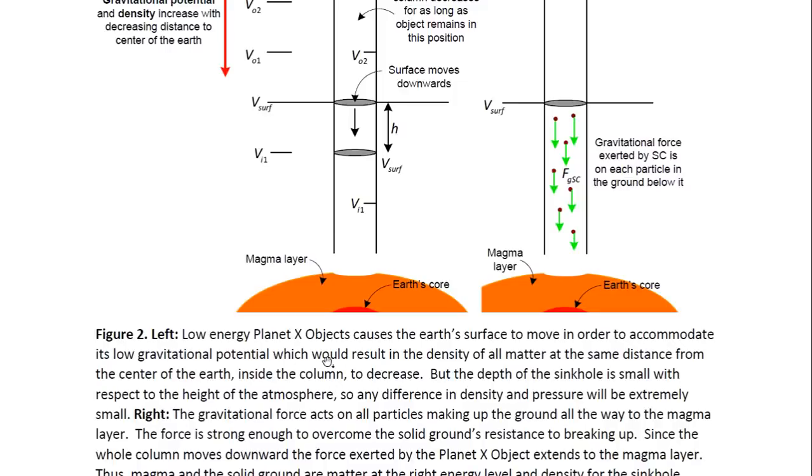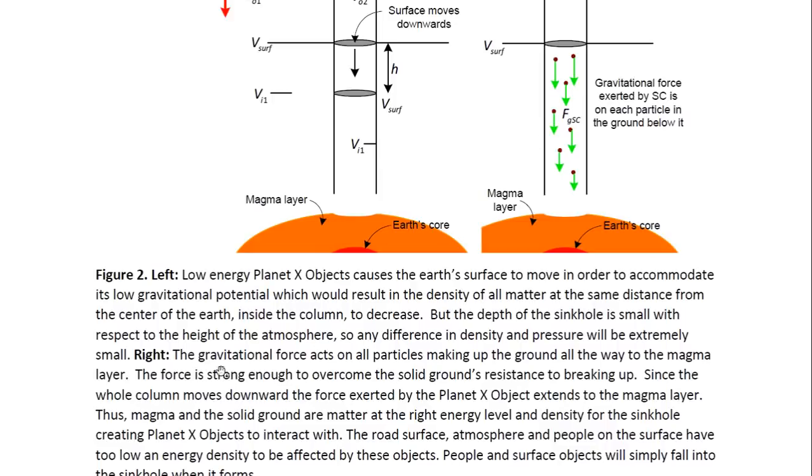So low energy Planet X objects cause the Earth's surface to move in order to accommodate its low gravitational potential, which would result in the density of all matter at the same distance from the center of the Earth inside the column to decrease. But the depth of the sinkhole is small with respect to the height of the atmosphere, so any difference in density and pressure will be extremely small.